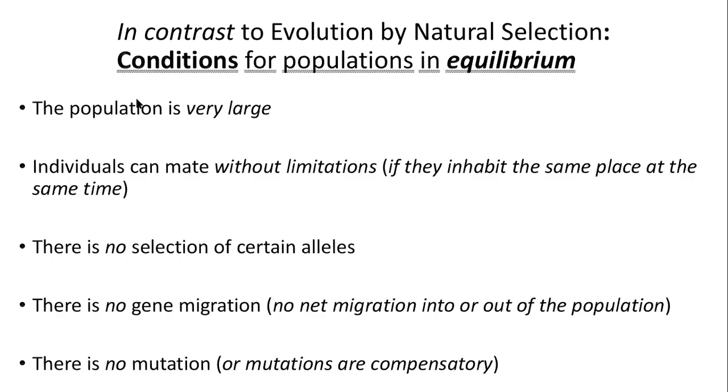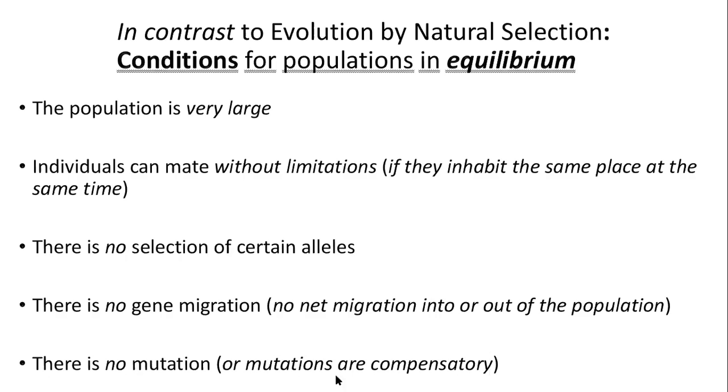So for this to take place, though, the population has to be really large, and the individuals can mate with each other without limitation, so they don't limit themselves to, say, one mate. There's no selection of different alleles, so there's very little difference between the traits of individuals, and you're not going to be picking one trait over another.